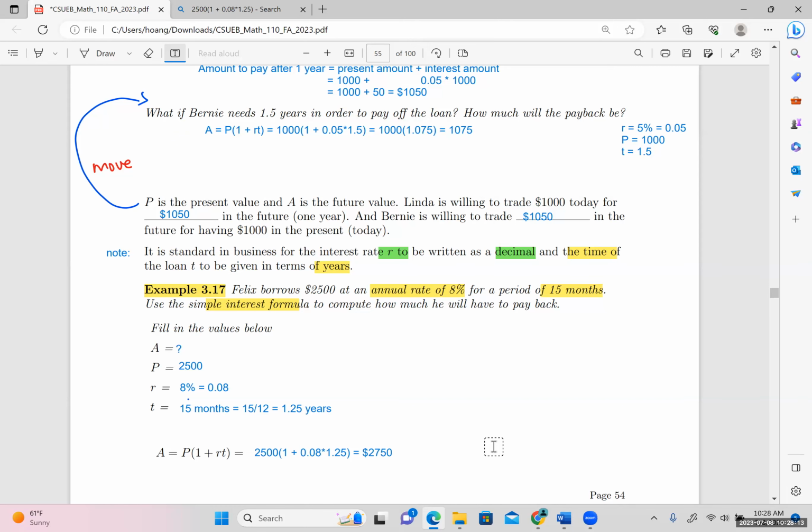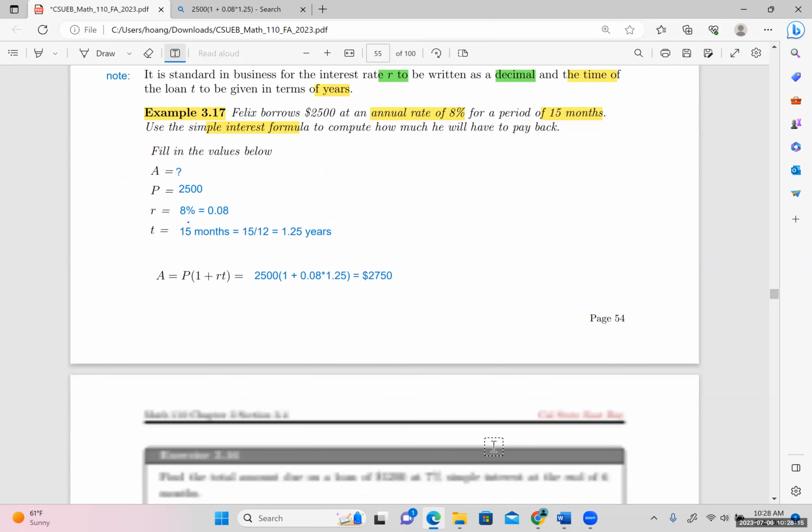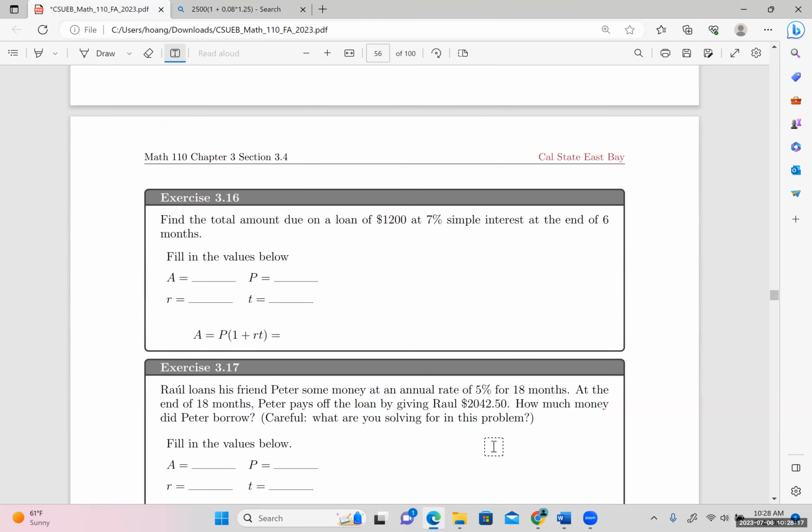All right, so I would like you to review these problems, 3.16, and try to handle that with the way I just showed you. And the key would be 1,242.